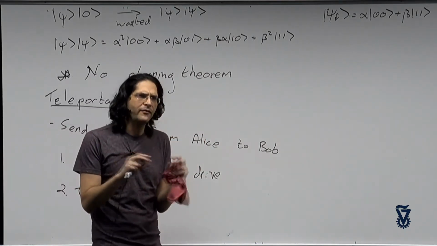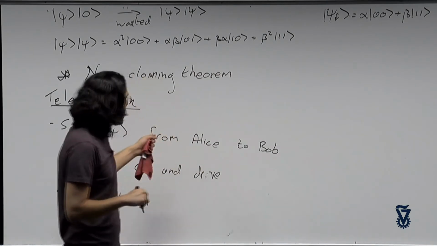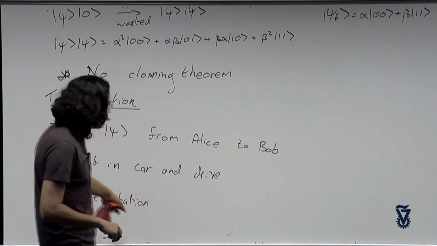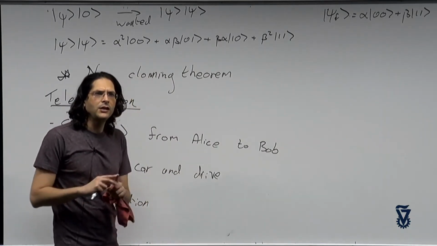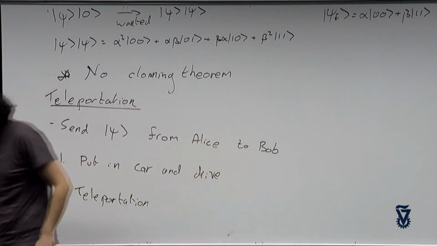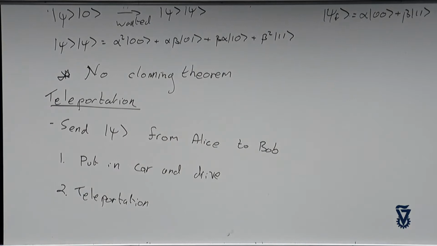Then Bob would have his psi up to the accuracy of the number of copies that Alice sent. In teleportation, you get an exact copy at the other location. So what I'm going to write now is the scheme itself, and then I'm going to do a couple of lines of math that show the teleportation. Let's write the general idea behind the scheme, and then do the math behind it.